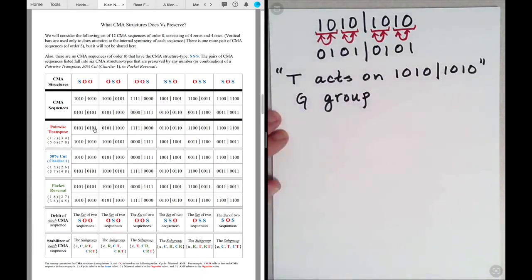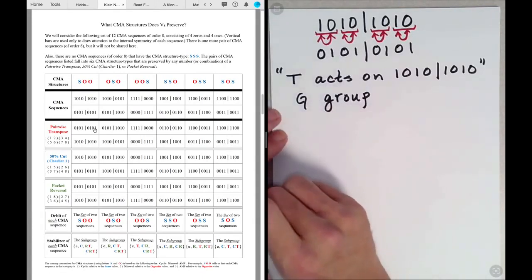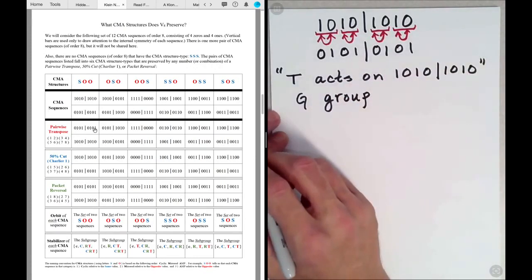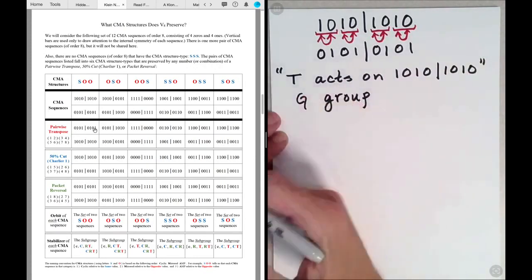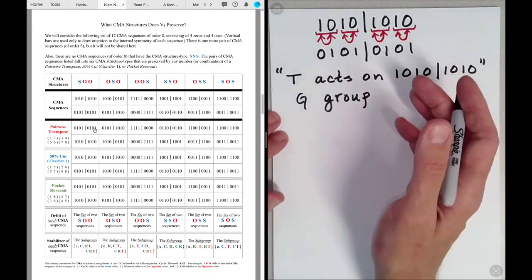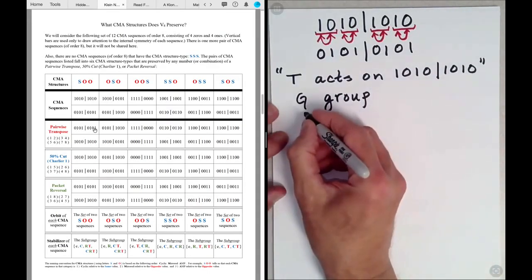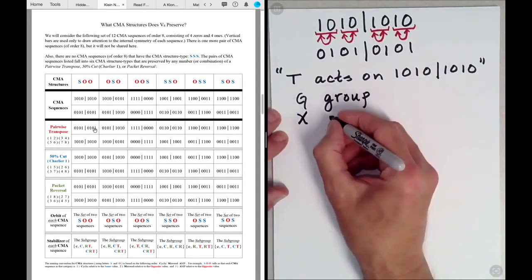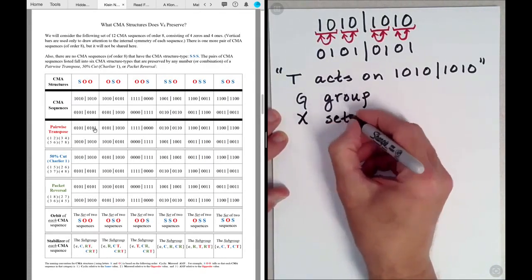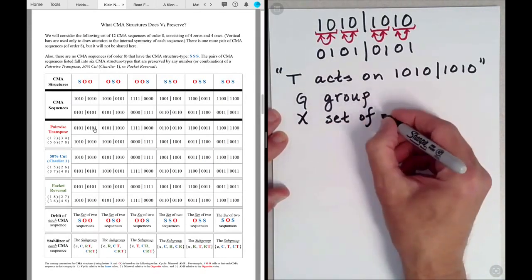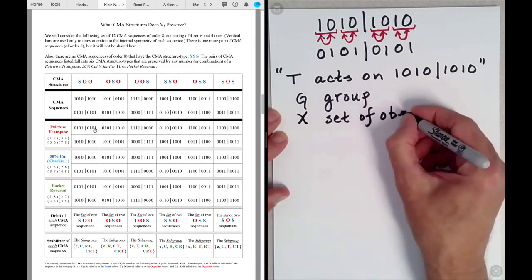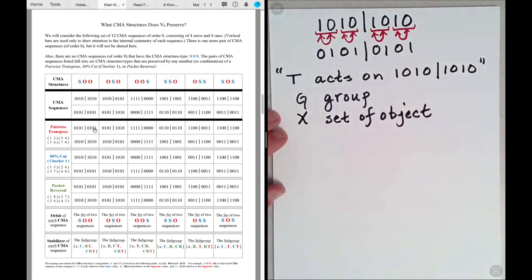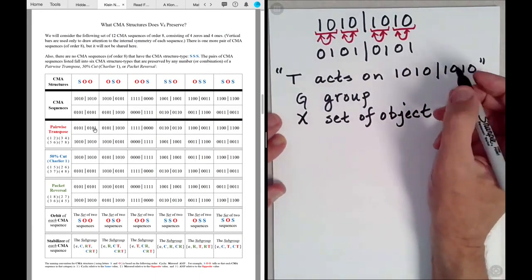It has inverses, and the binary operation itself is associative. If all of those conditions are met, you have a group. Also, you need just a set of objects, and there's no structure on these necessarily. There's no group structure on those.